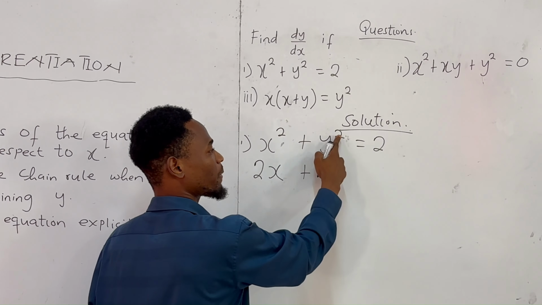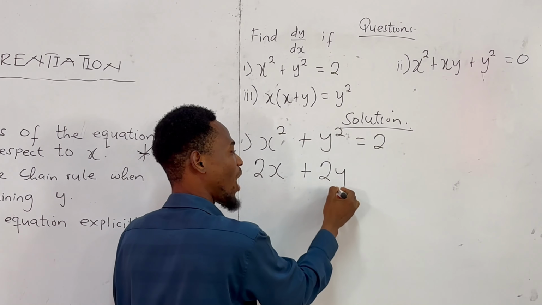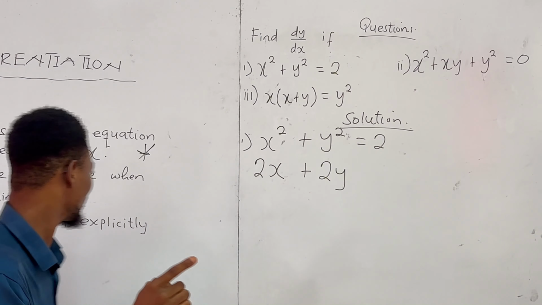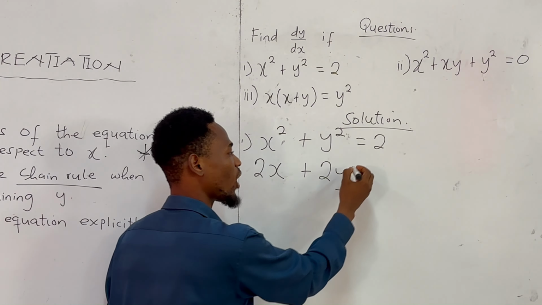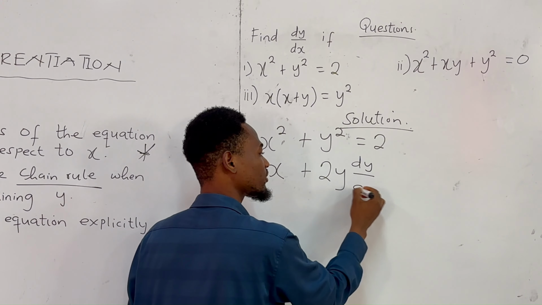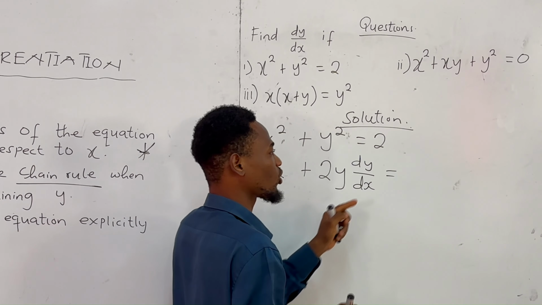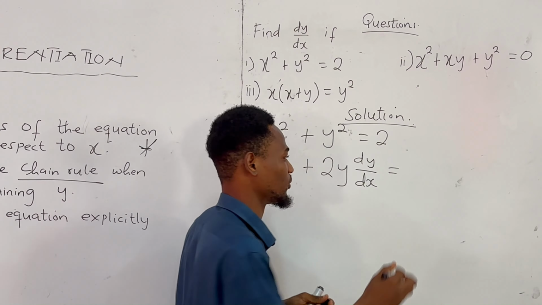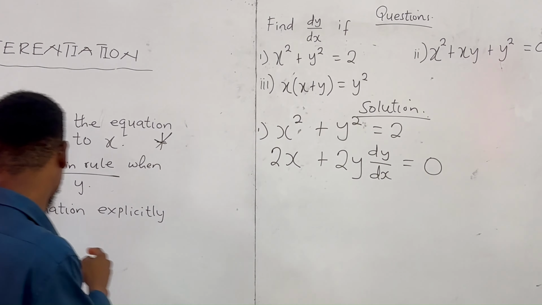Then plus, when I differentiate y squared, we'll be getting 2y. But because it is a term containing y, I will add dy over dx using the chain rule. So here we have 2y dy over dx, all because of the term y, which is equal to, when I differentiate any constant at all, 0. So afterwards, the third step is telling us to solve for dy dx.